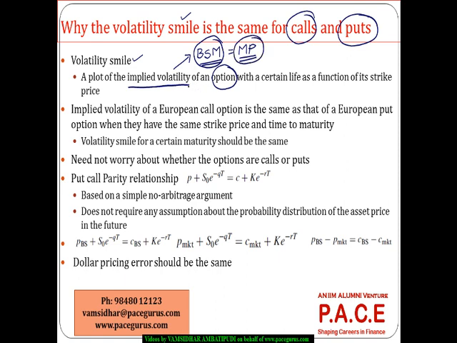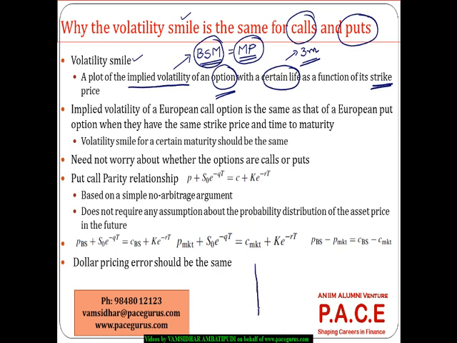Now what we are saying is, I'll plot the implied volatility of the option with a certain life. It could be a 3-month option or a 6-month option, whatever it is. So I'm plotting the implied volatility of the option with a certain life as a function of its strike price.